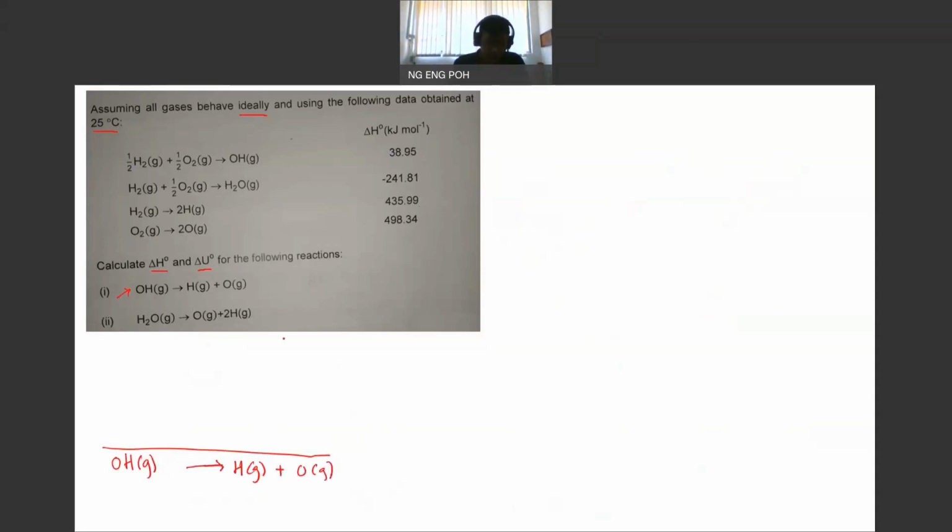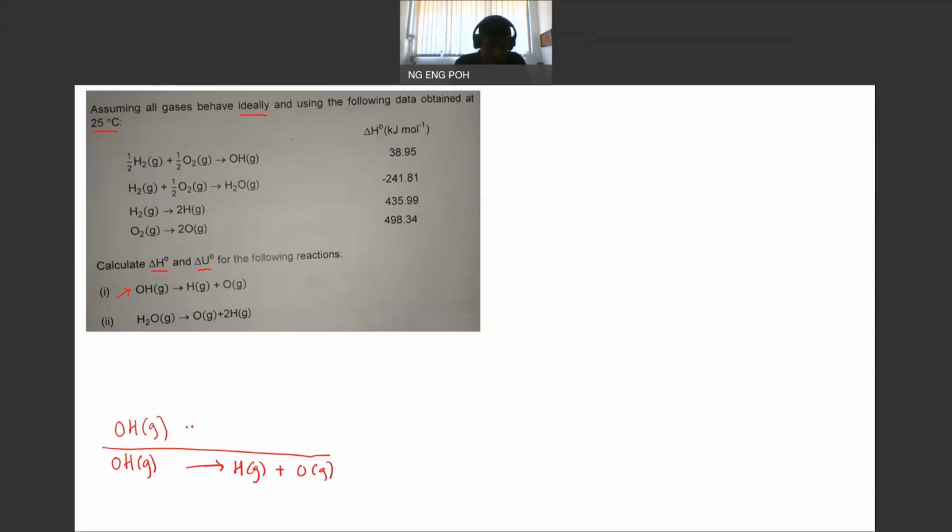Okay, so for the second thing you need to do, you find out which reaction produces OH gas. You can see this is on the right side, but here you get it from the left side, so you need to reverse it. When you reverse it, the positive value must be multiplied by a negative.